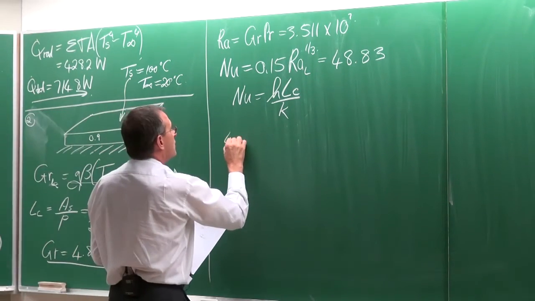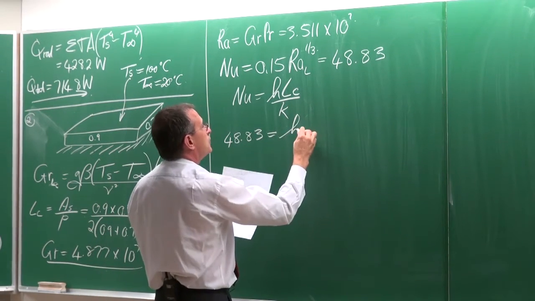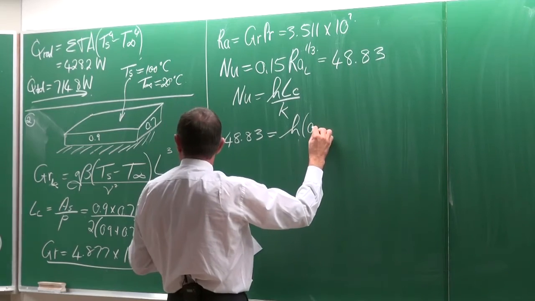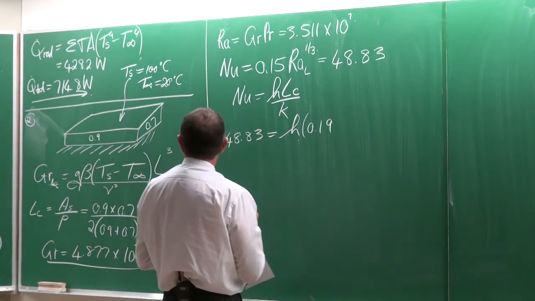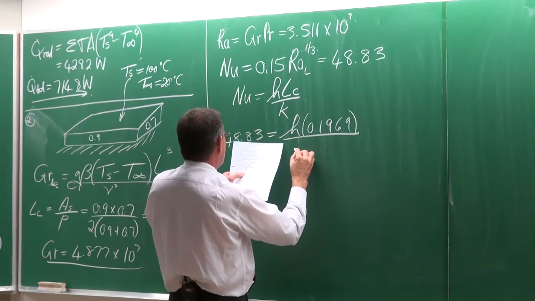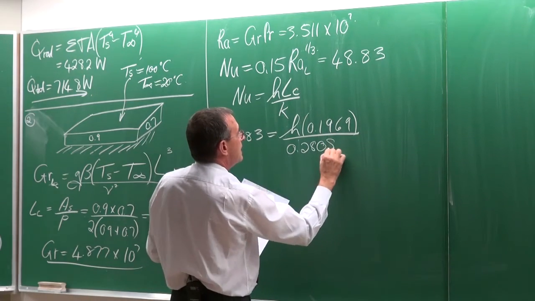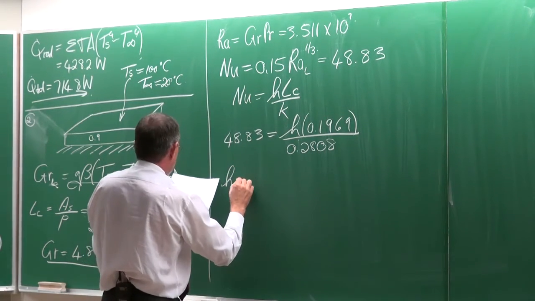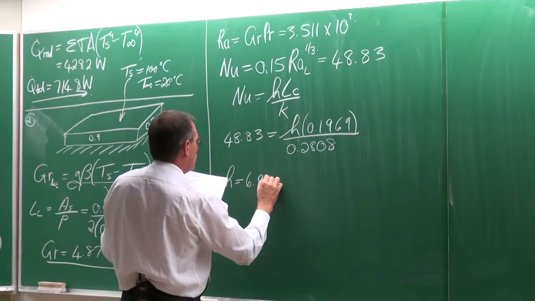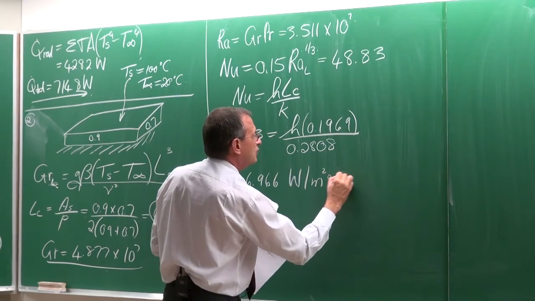The Nusselt number is 48.83. The heat transfer coefficient multiplied by the characteristic length, which is equal to 0.1969, divided by the thermal conductivity, which is equal to 0.2808, and that will give me a heat transfer coefficient of 6.966 watts per square meter degree Celsius.